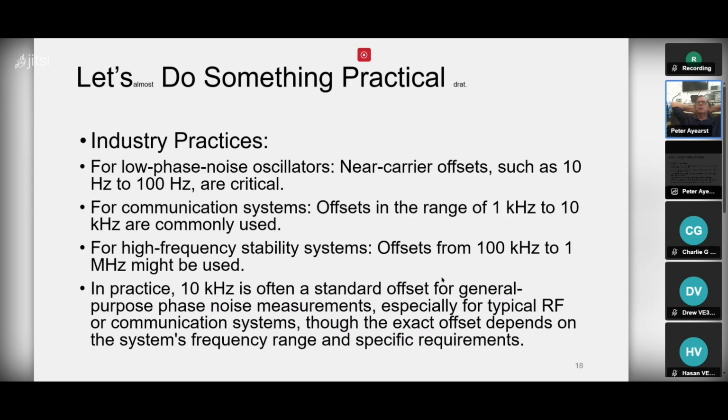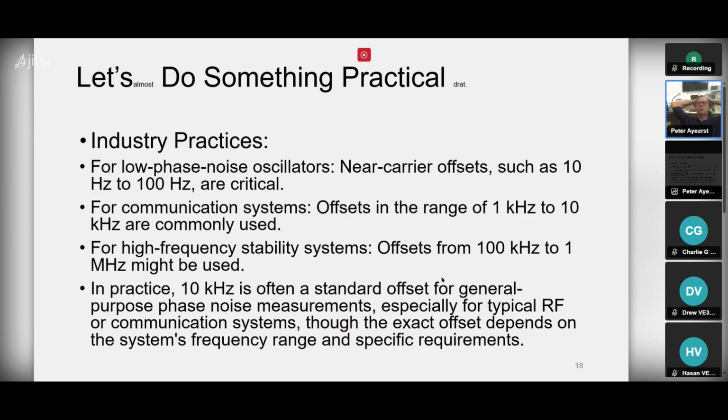For communication systems, the offsets range from 1 kilohertz to 10 kilohertz. And for high frequency stability systems, offsets from 100 kilohertz to 1 megahertz might be used. But in practice, 10 kilohertz is often the standard offset for general purpose phase noise measurements, especially for RF or communication systems.